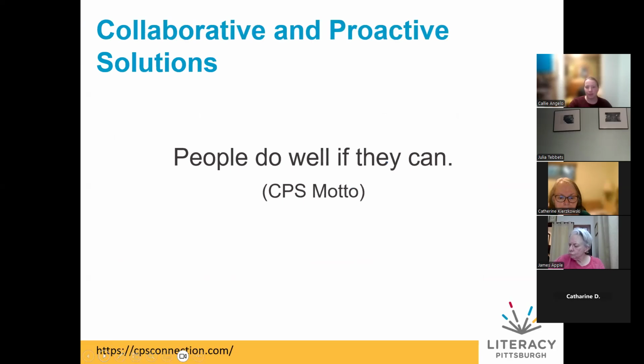So the CPS model is: people do well if they can, as in when they have the tools, both internally, mentally, physically, their own capability-wise, and externally. They have the paper, pencils, book, time, space to meet. People will do well when they're working on a goal that they actually want to work on, right?